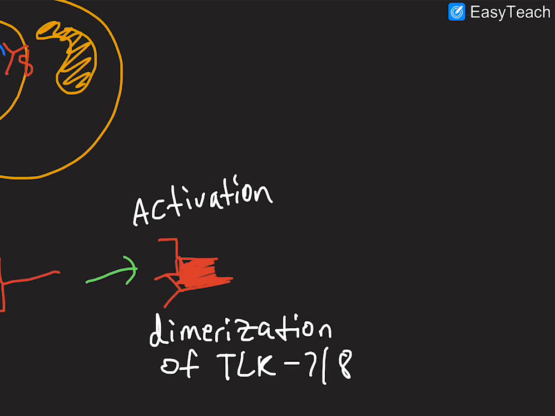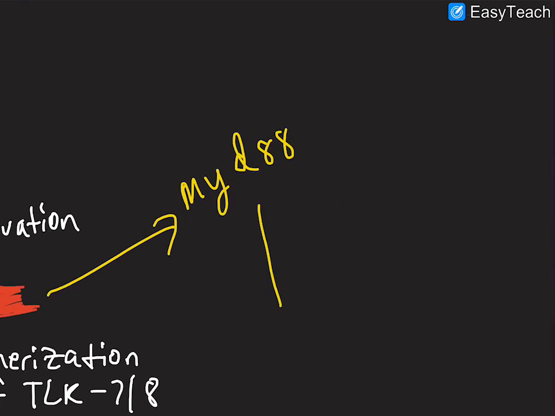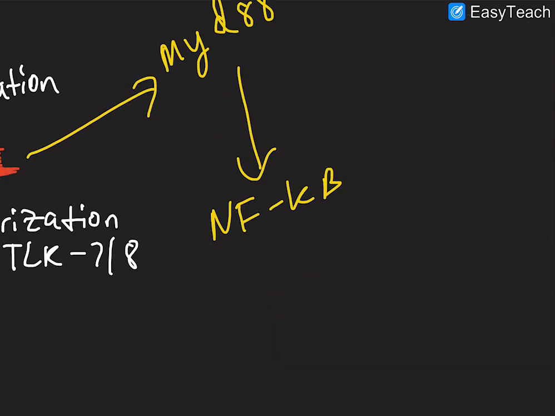Once these toll-like receptors get activated, we get the activation of the MyD88 signaling pathway. And we already know from our previous videos, especially for the cell surface toll-like receptors, that MyD88 leads to the activation of nuclear factor kappa B, which then leads to the release of many different cytokines.